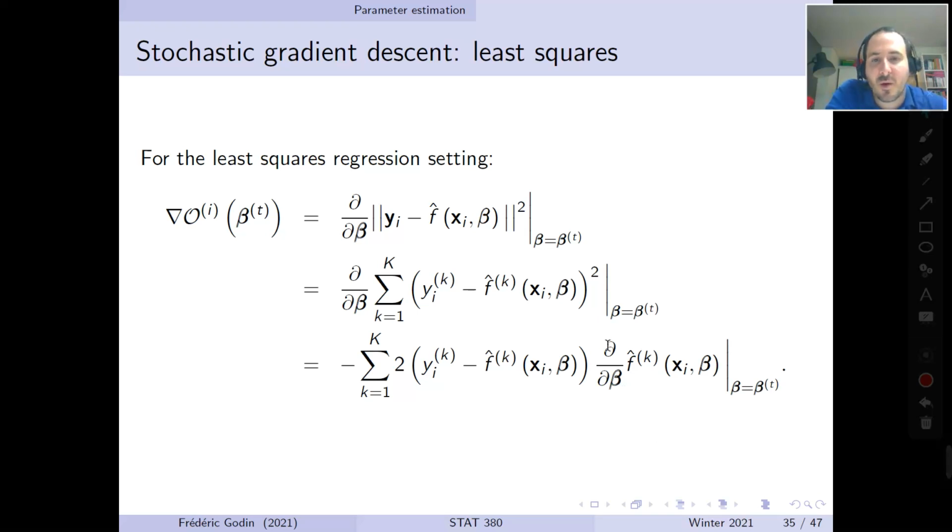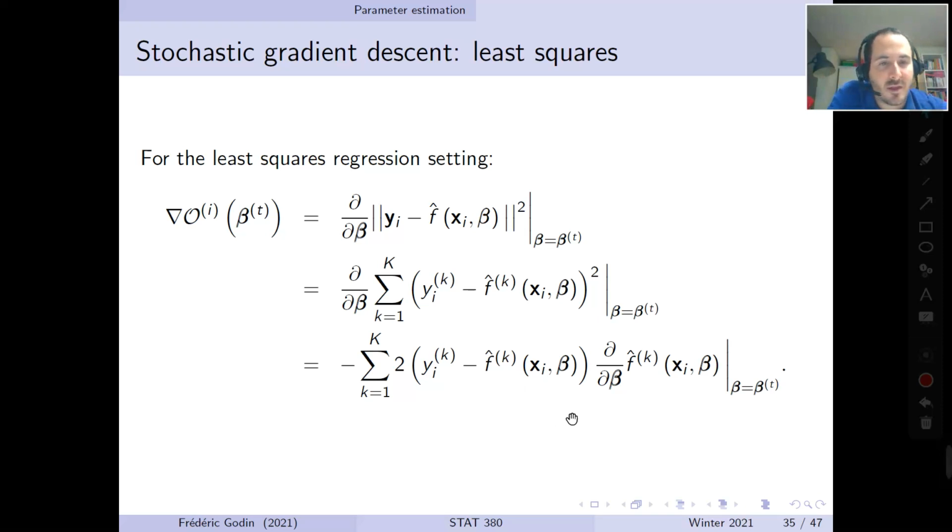Okay, so for least squares, all these elements are known except this partial derivative. Because when we have a data set and a given set of parameters, we have the vector of responses y_ik, and we have the predictions made by the algorithm. Predictions, as we said, are obtained by starting with the input and then applying linear, nonlinear, linear, nonlinear, etc., until you get predictions.